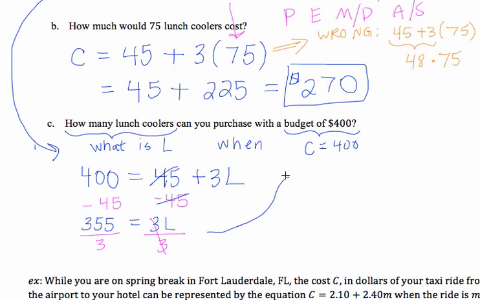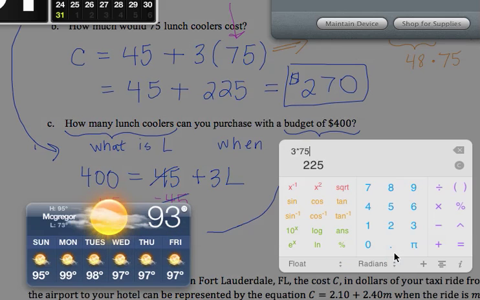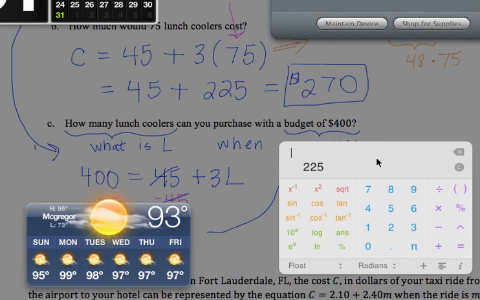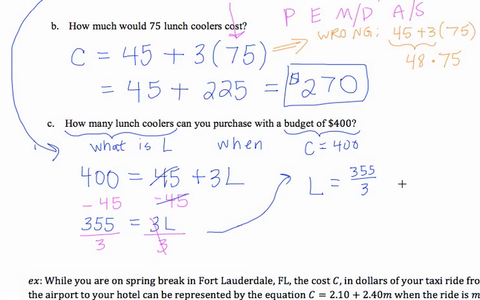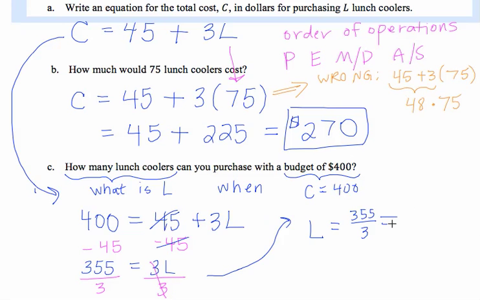I'm at a space at the bottom, so I'm going to do an arrow over here. L equals, let's see, 355 divided by 3, but I need to get a whole number, like how many whole lunch coolers can it cost? So let's do that on the calculator. 355 divided by 3 is, let's see, my calculator says 118.33333333. My pen's not working. There we go.